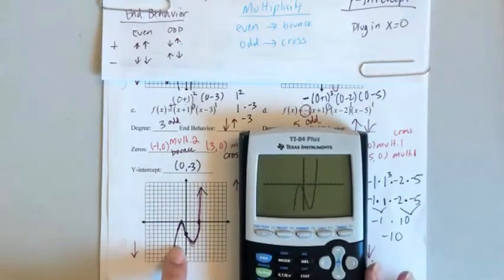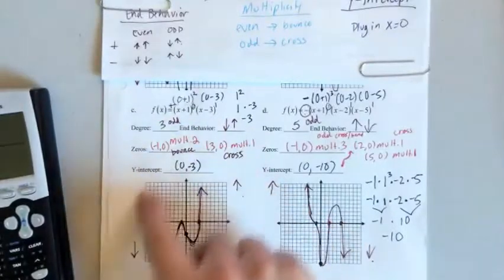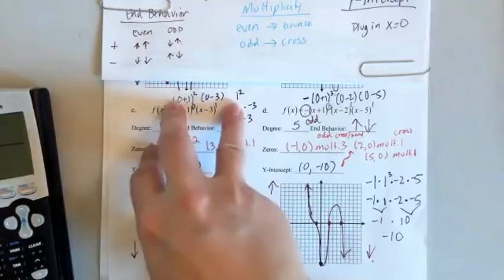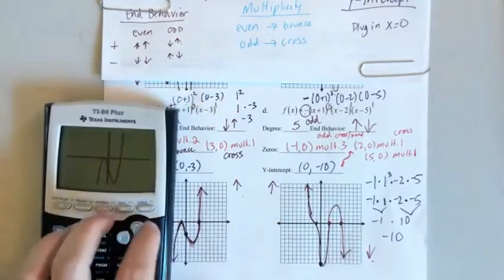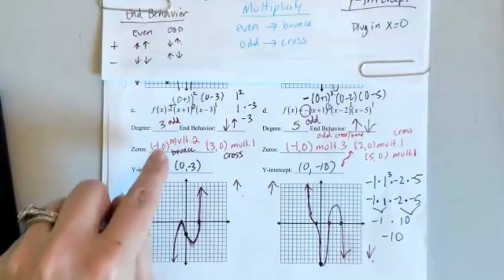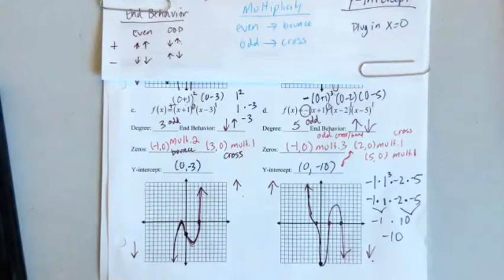And you can confirm that it does match. But it will really help you review a lot of the skills that you know to try these by hand and then check them with your graphing calculator to make sure that you're really understanding how the multiplicities behave and how the end behavior and degrees come into play.